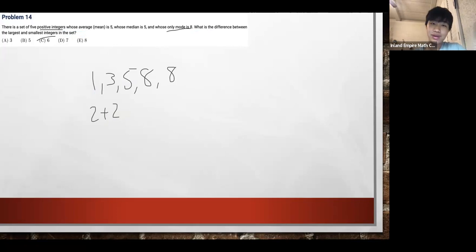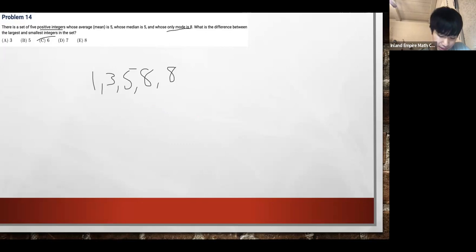If we change it to 1 and 3, we don't change the total number of numbers. And 1 plus 3 equals 2 plus 2, they both equal 4. So even if we change the 2 and 2 to 1 and 3, it's still the same mean. We don't change the mean.